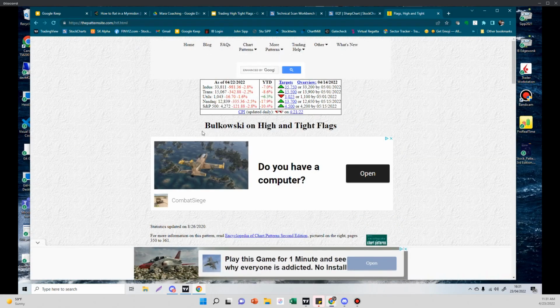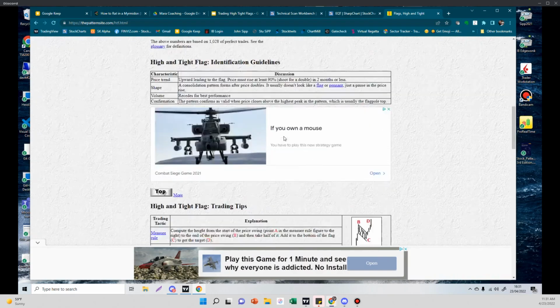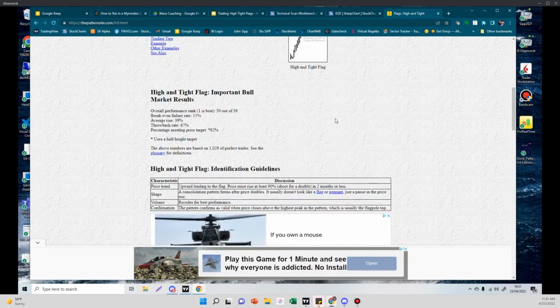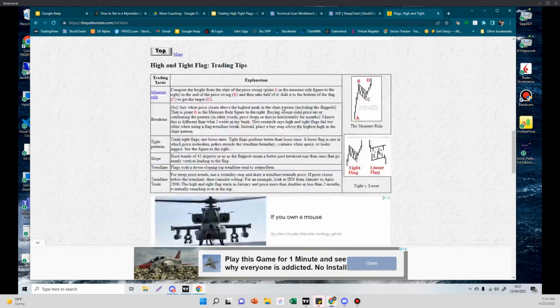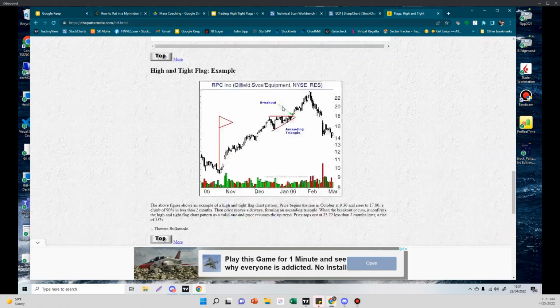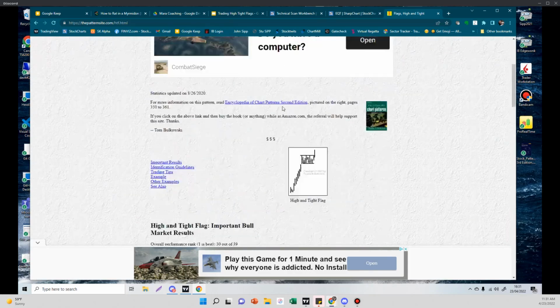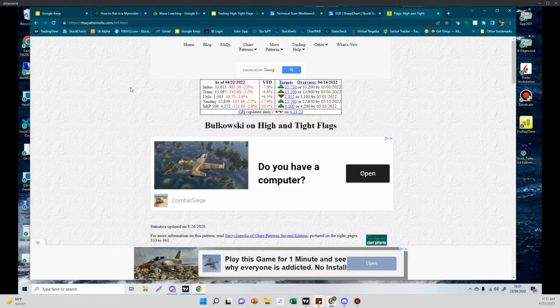And you can go into as much detail as you like: failures, 15%, average rise, 39%, throwback rate, percentage meeting the price target, 82%. You can go in there, and he just updates these stats, so it's kind of automatic.